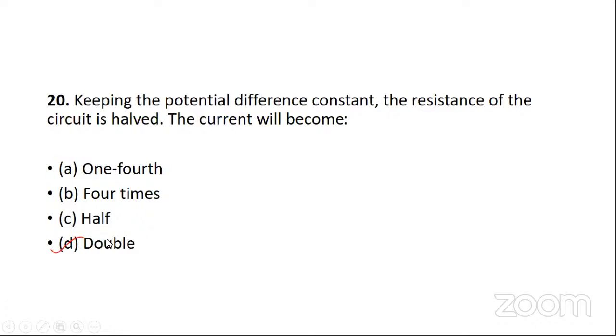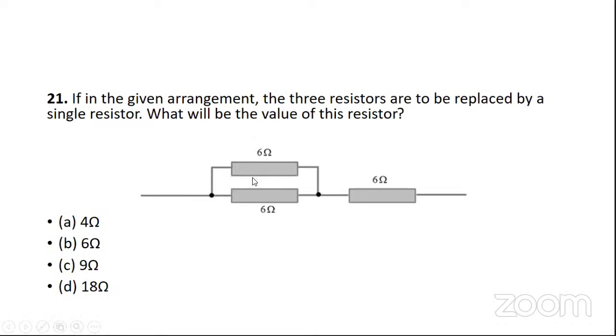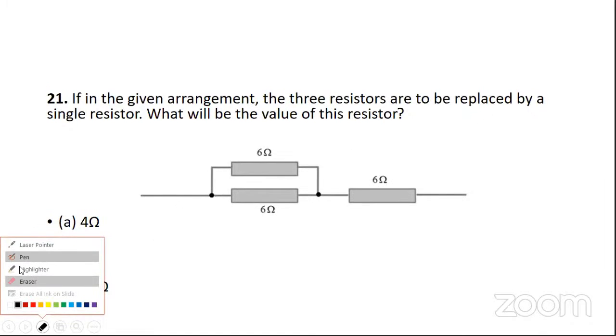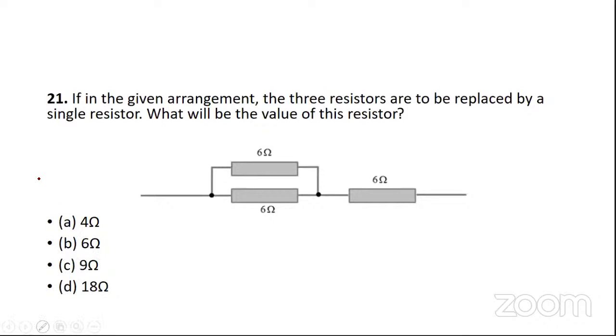Alright, let's have the last question for today. If in the given arrangement, these resistors are to be replaced by a single one, so basically we have to find the equivalent resistor.